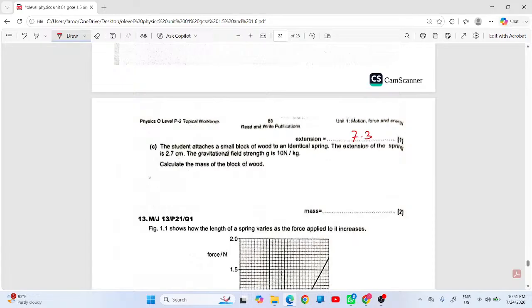Next is attach gravitational, calculate the mass you found.